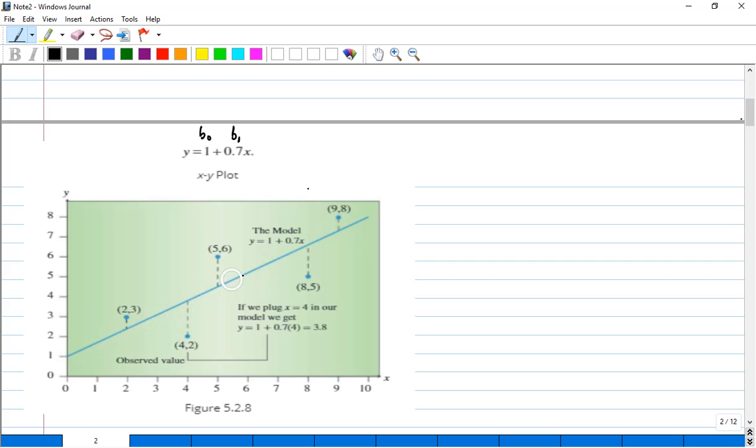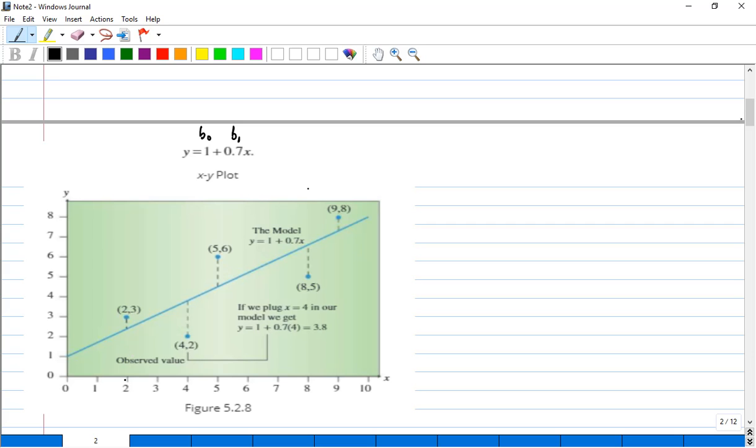And you can see it doesn't go exactly through any point, but it is the best fit of any line that we could possibly come up with. Okay, and you can see that it does predict what values that we get out. It just doesn't exactly predict the values that you get out whenever you plug in an x.